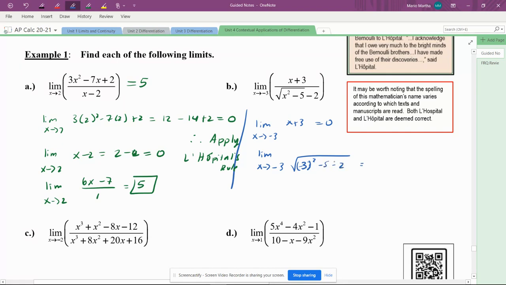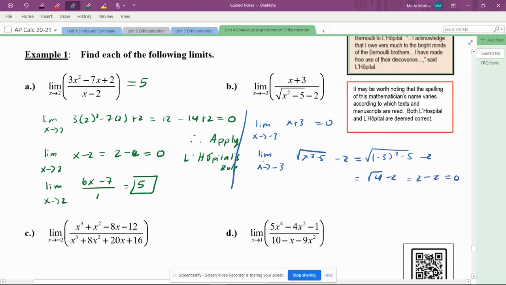You plug it in and you end up with the square root of negative 3 quantity squared minus 5, minus 2. That's equal to 9 minus 5, which is the square root of 4, minus 2. 2 minus 2 is equal to 0.